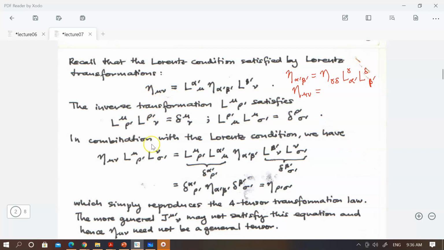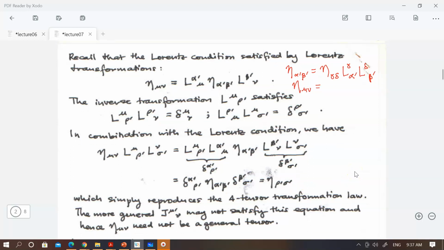I multiply this on the left hand side. In other words, I have to multiply that thing also on the right hand side. So this will now be contracted here, and this will contract with this. So you get that, and then essentially what you get is the Lorentz condition.